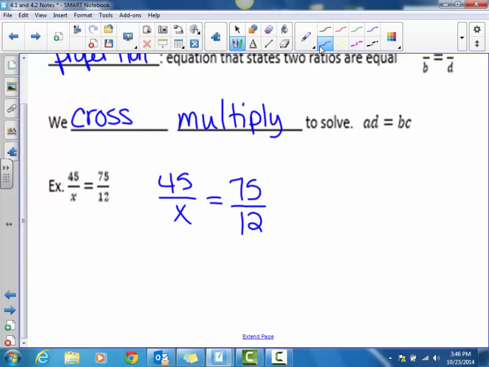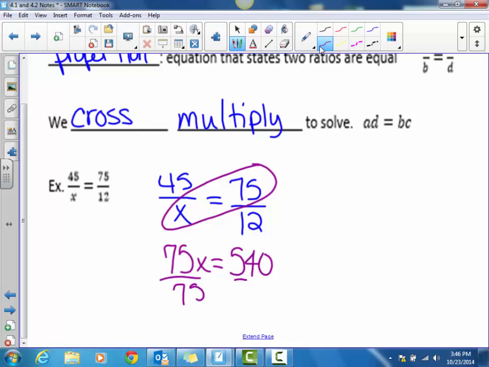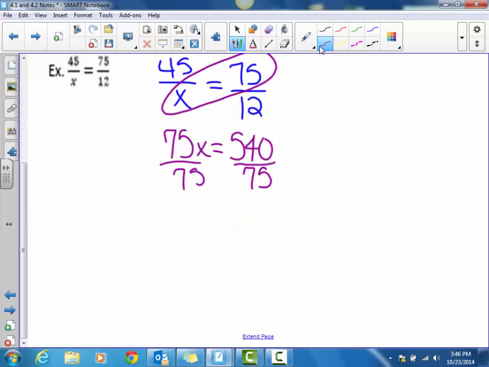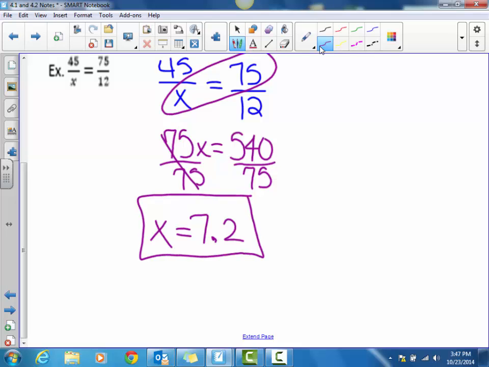That's the first thing that I'm going to do. 75 times X, 75X, 45 times 12 is 540, and then I divide both sides by 75. 540 divided by 75 is 7.2. So X equals 7.2.